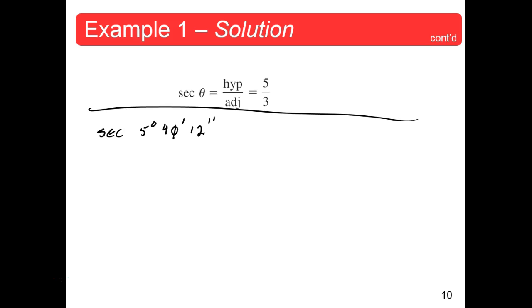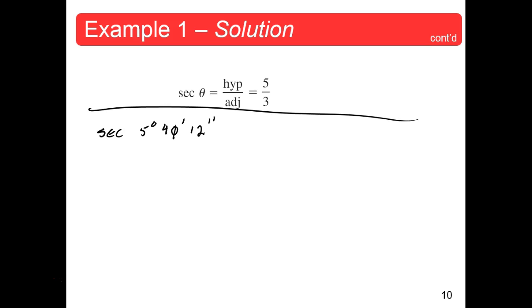But since I don't have one that does that, I need to get this as fractions of a degree. So, what fraction of a degree is 40 minutes? How many minutes are in a degree? 60. It's like 60 minutes an hour, same here.